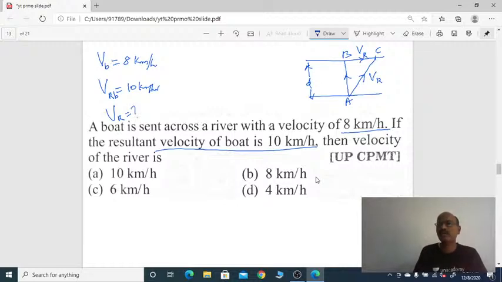See the diagram now. This is velocity of boat, this is velocity of river, and this is the resultant velocity of boat with respect to river. Now it's a right angle triangle, so we can apply the Pythagoras theorem.